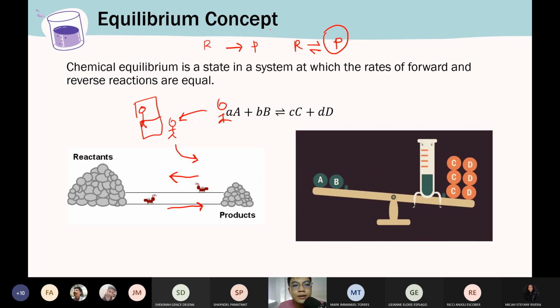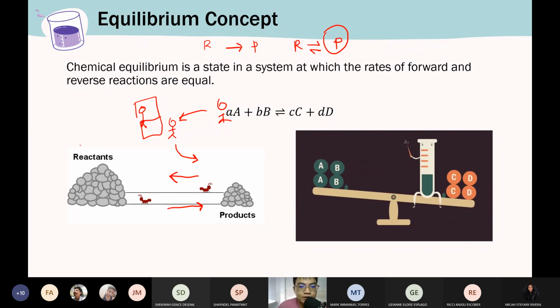So basically, when you say equilibrium, it is not necessary that the amount of reactant and product are equal, but what's necessary is that yung rate ng forward and reverse reaction are equal. No? There's an equal chance of forming reactants and products. No? Okay. So, yun nga, ito yung ating mga visual demonstrations.